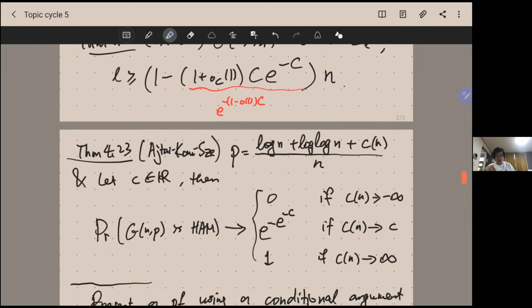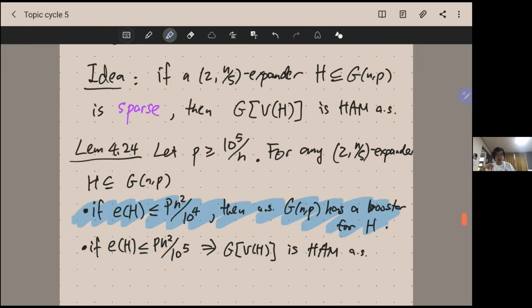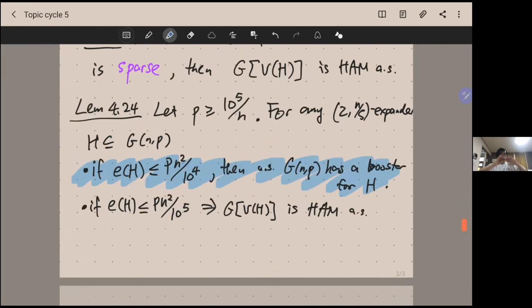Before, our main task was to find a large expander, modulo all those lemmas we've already proved. But now our task, assuming 4.24, is to find a large expander that is in addition sparse. This is also not so hard. I will give a sketch of the proof later. If I capture it in one sentence, you basically sparsify the random graph, and then you find an expander there. After you sparsify it, of course the expander you found is also sparse.